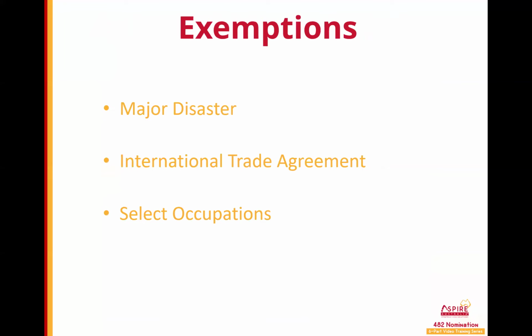The exemptions can be quite complex and fall under 3 categories. Major disaster will be used rarely, and as you can imagine, getting emergency workers into Australia immediately would be a priority. The second is international trade agreements, and then the third is select occupations.